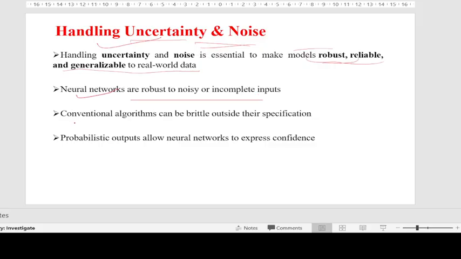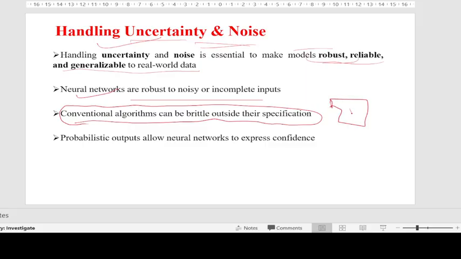Conventional algorithms are brittle outside their specification. That means a conventional algorithm is not able to handle anything outside its specification. A program is written for some specific purpose, and it will do only that specific need. It will not go beyond that.